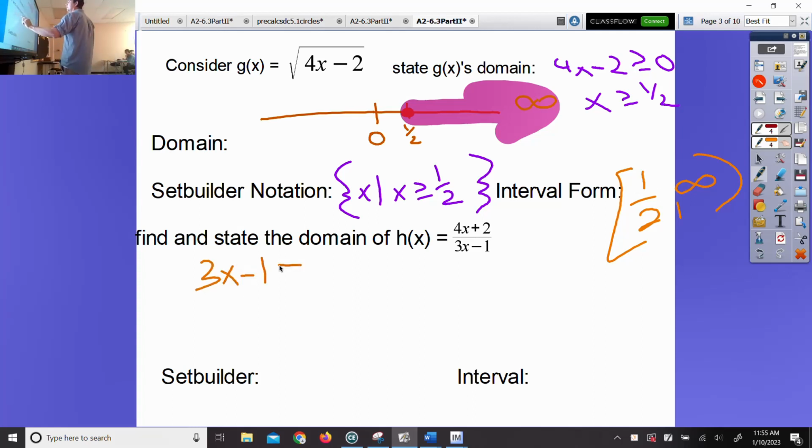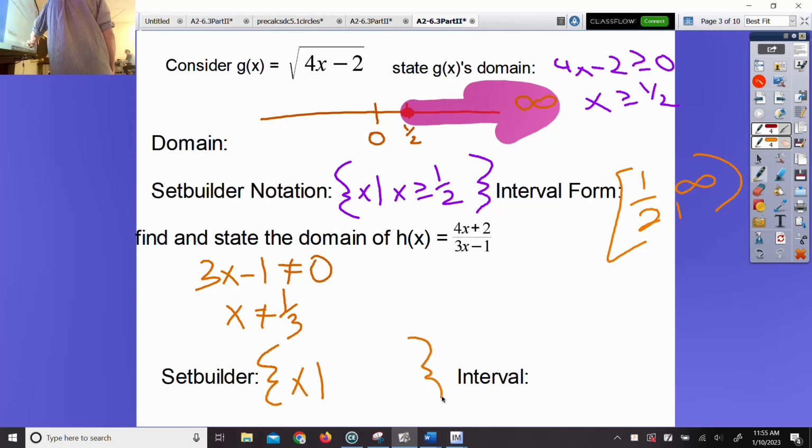And I'd literally say I'm not a 0. I do the two steps, and I have the thing that I could not be. What is the thing that I could not be? 1/3. There's no way for x to be a third. All right, set builder notation: curly braces, x bar, such that what?